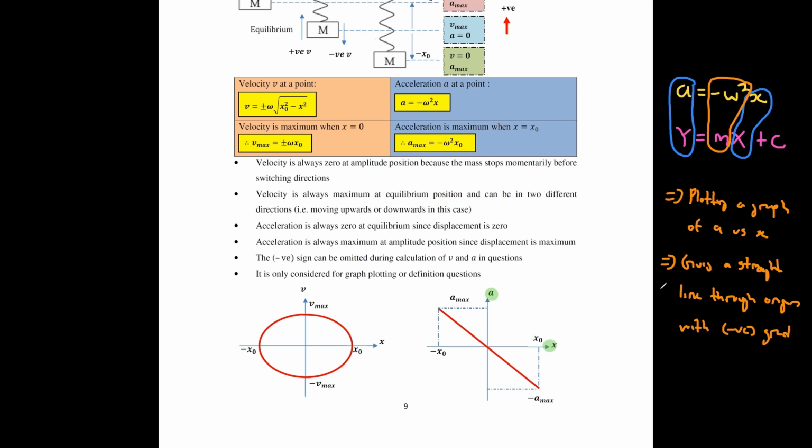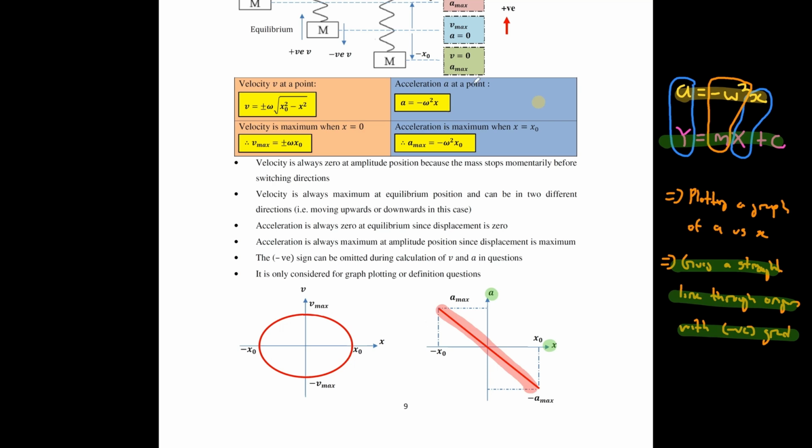If you compare your equation for acceleration with a straight line equation, it tells you that you should get a straight line through the origin with negative gradient, which is what you're seeing right over here for acceleration versus displacement. So this is your acceleration-displacement graph.